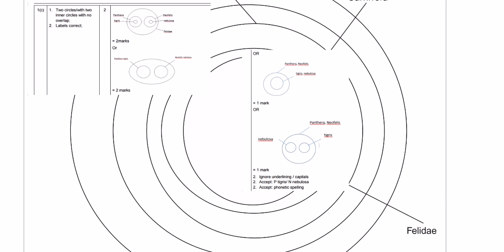Or if you look at these, you can get 1 mark, okay, if you put it in this kind of configuration or in this configuration. Okay, ignore underlining capitals. They'll accept P. tigris and nebulosa, and they'll accept phonetic spelling. Quite a lot of work for 2 marks.